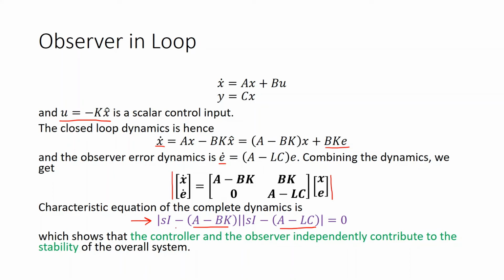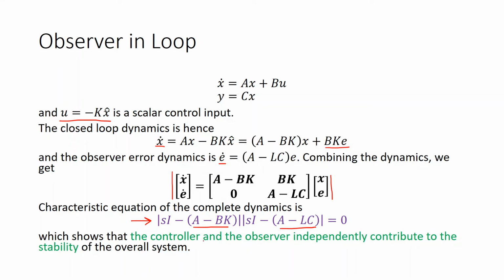That means the total eigenvalues of the characteristic equation of that complete closed loop dynamics, or the observer in loop dynamics, is the eigenvalues of A minus BK and eigenvalues of A minus LC separately taken together. And separately, since they are already stable eigenvalues, the total characteristic equation will also have all stable eigenvalues.